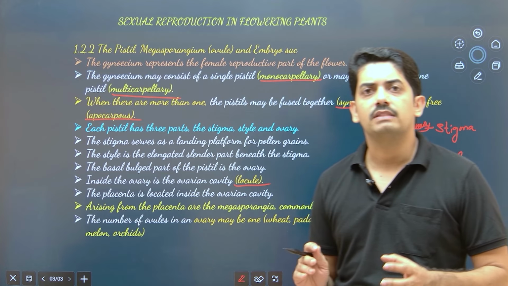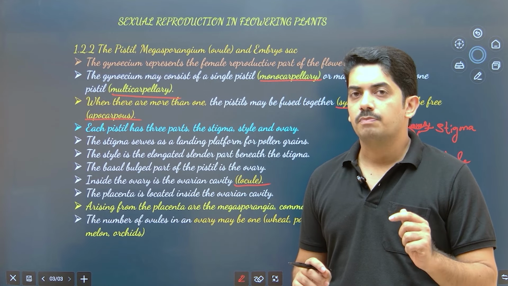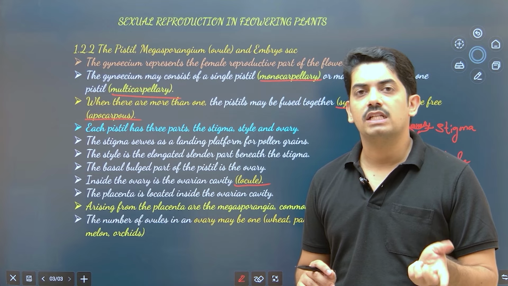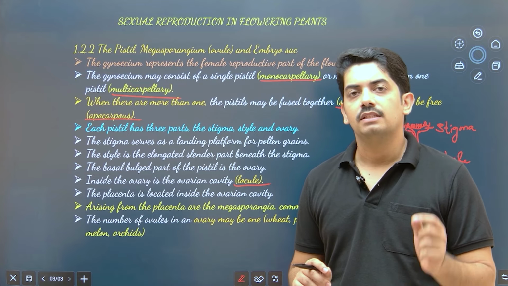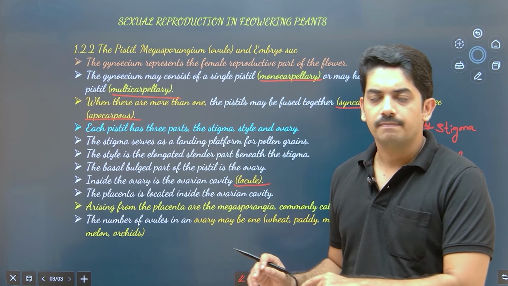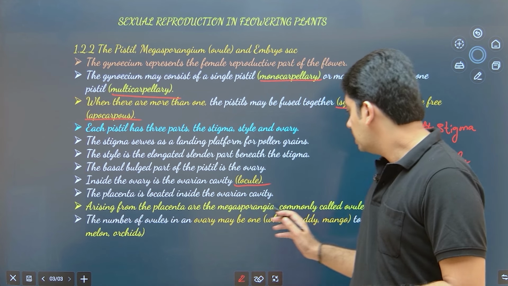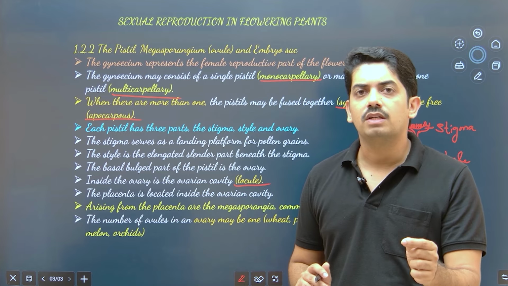Now this term is very important. Don't get confused. Megasporangium is different, megasporangia is different, megaspore is different. So likewise, you should be very careful while using these words. Okay. So megasporangia are commonly called the ovules. Now megasporangia is nothing but what?